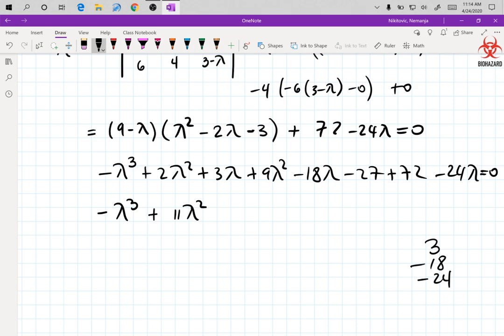I think those are all single lambdas, right? So that will make this a 15, and then that's a 39 lambda. And I think I have 72 minus 27, which is 45.